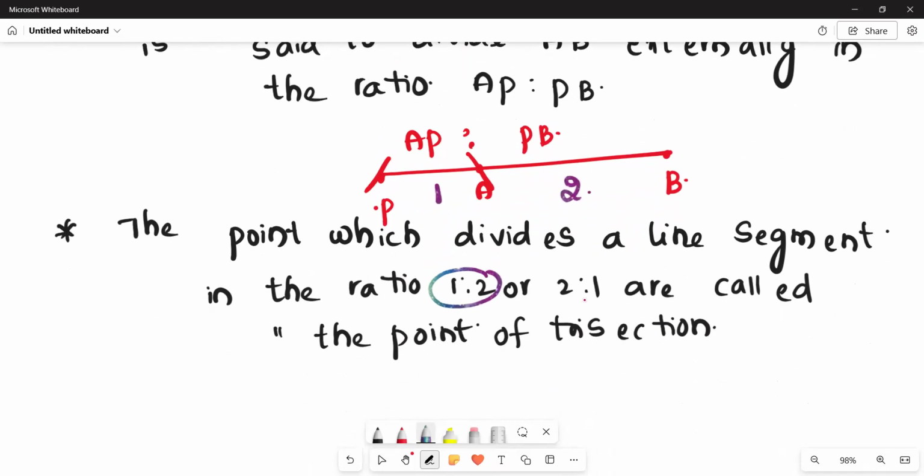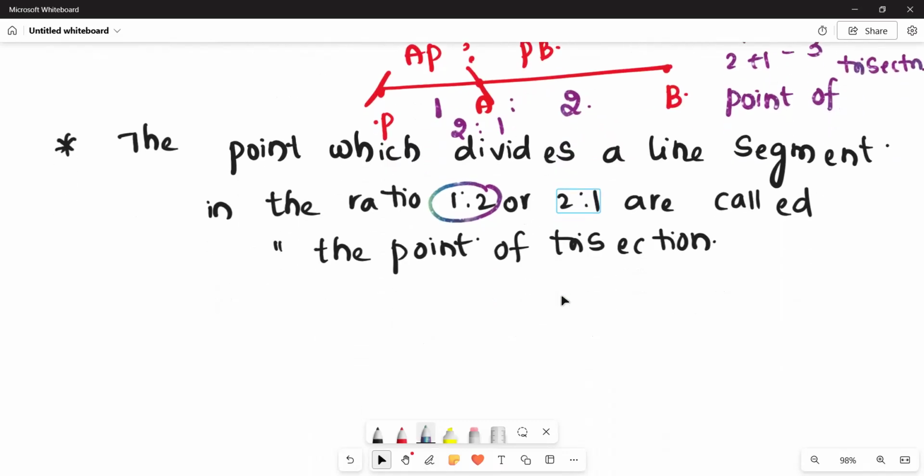If it is dividing in this ratio, we call it a point of trisection, as 1 plus 2 or 2 plus 1 is equivalent to 3. If it has this particular ratio of 1 is to 2 or 2 is to 1, we call it a point of trisection.